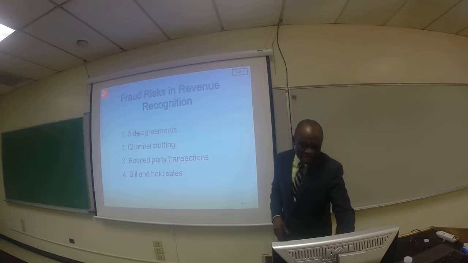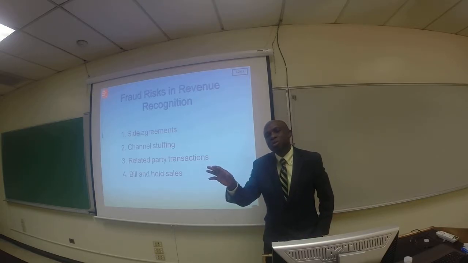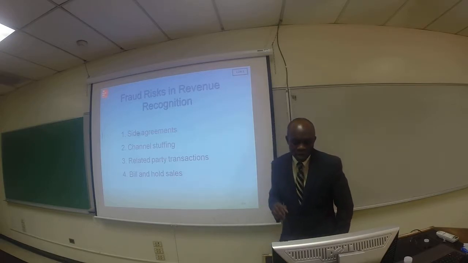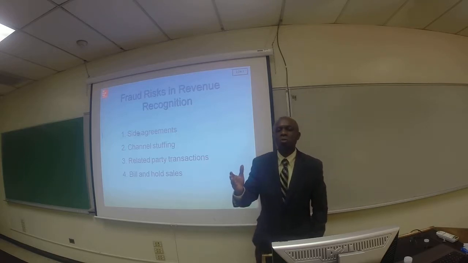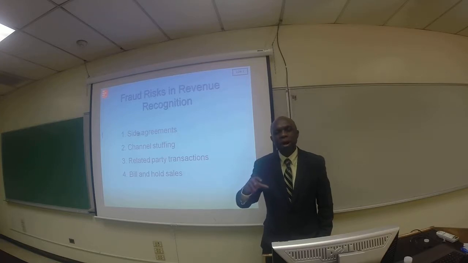Number one, a side agreement. This is a situation whereby you, the seller, make a special agreement with the buyer that is very unconventional, with the intention of padding or increasing your revenue without a good cause. So for example, normally you ask your buyers to buy and pay back in 30 days.